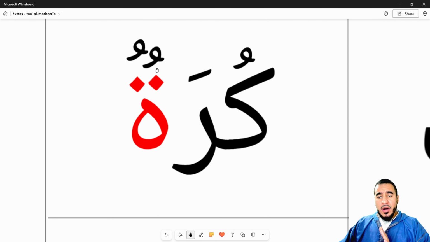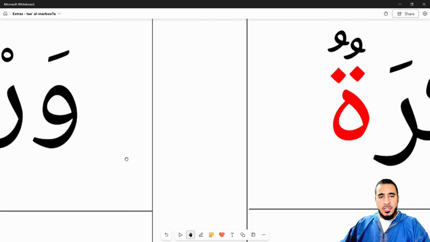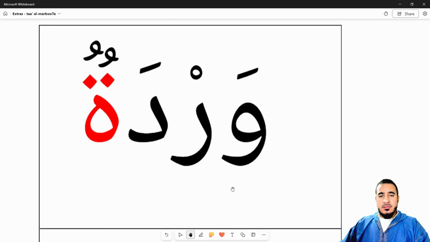Doesn't matter what haraka it comes with. If it's not the last word in the speech, then we would pronounce it as a ta with the haraka that it comes with. For example, kuratun, kuratan, kuratin. Okay? Jamil.